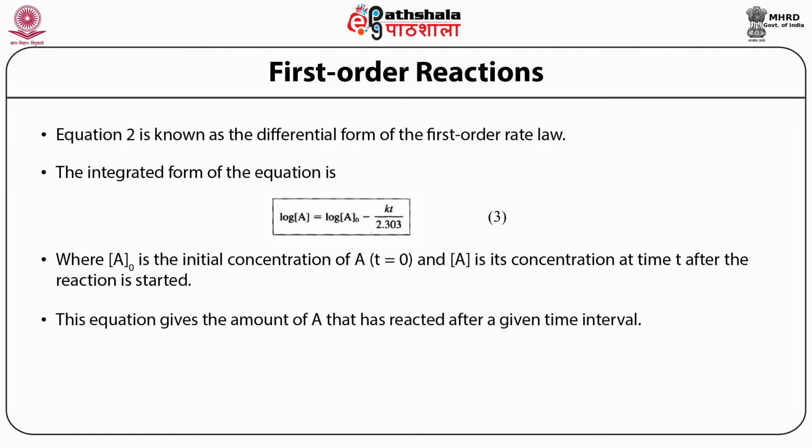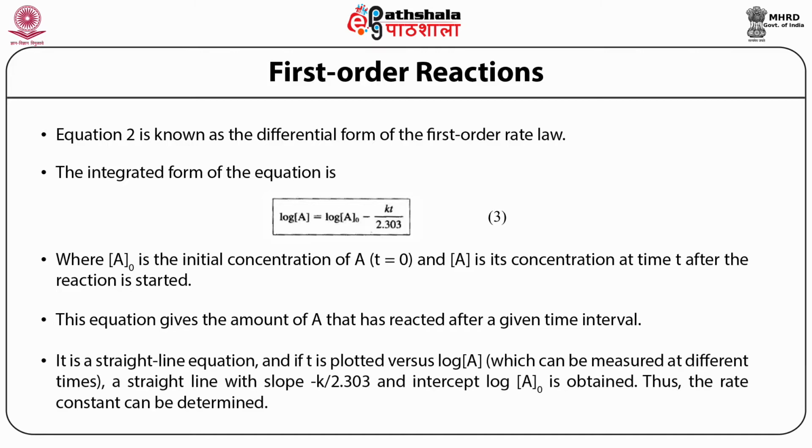This equation gives the amount of A that has reacted after a given time interval. It is a straight line equation, and if t is plotted versus log [A], which can be measured at different times, a straight line with slope of k divided by 2.303 and the intercept of log [A]0 is obtained. Thus the rate constant can be determined.